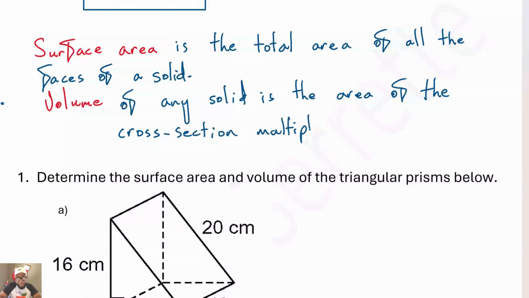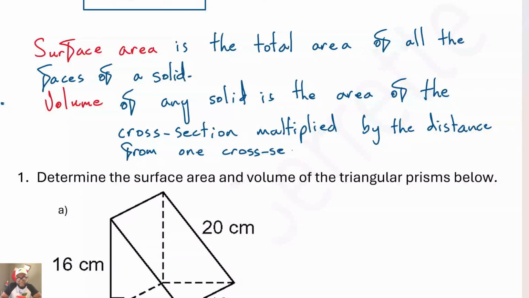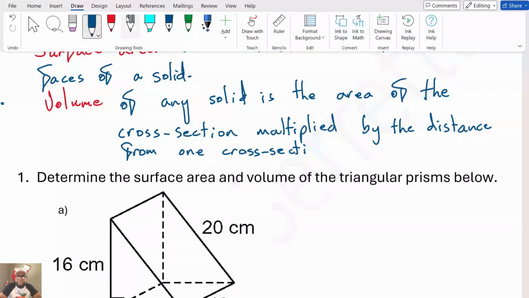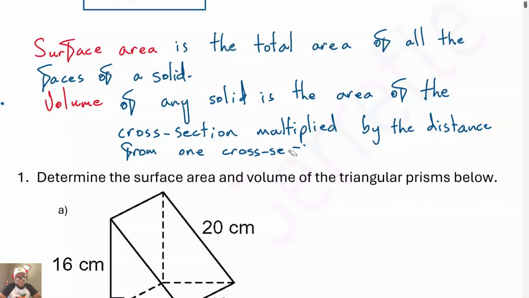Multiplied by the distance from one cross section, or let us put it: multiply by the distance between the two cross sections, right?